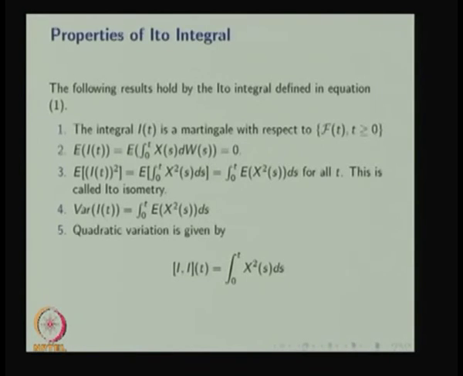One can also find the quadratic variation of I(t), because I(t) is a stochastic process. So you can find the quadratic variation over the interval 0 to t, that is, the second order variation of the function I(t) over that interval. I(t) is the Ito integral, whereas the quadratic variation is the integral from 0 to t of X squared(s) ds, which is a Riemann integral.